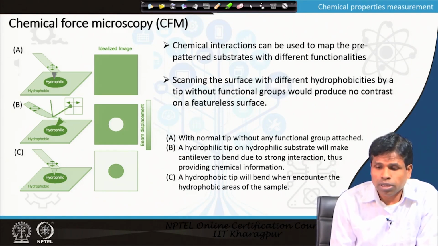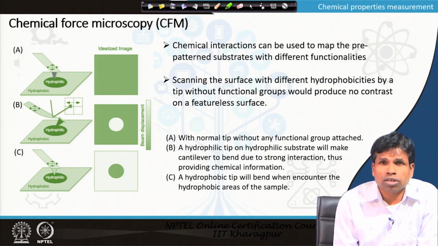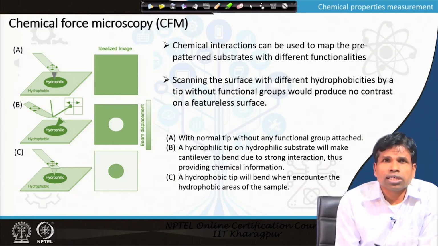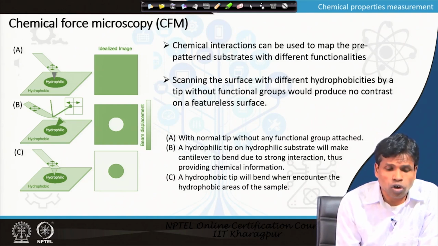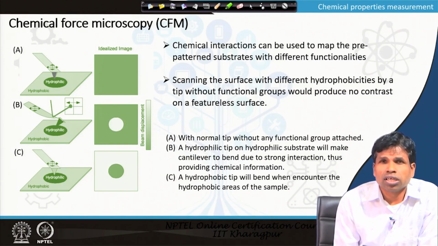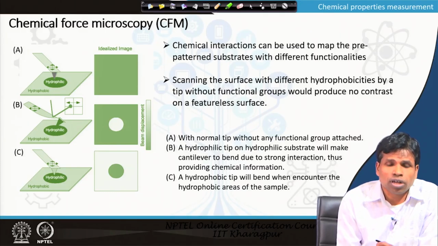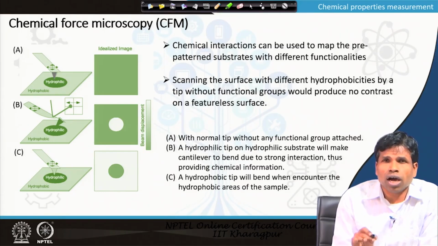We can map the pre-patterned substrates with particular types of chemicals. For example, in A that you see, the tip is neither hydrophilic nor hydrophobic, as the tip has no functionality. Therefore, if the sample is smooth or flat, it will give one single type of contrast. There is no contrast difference.